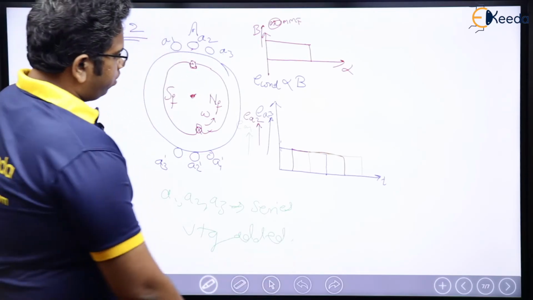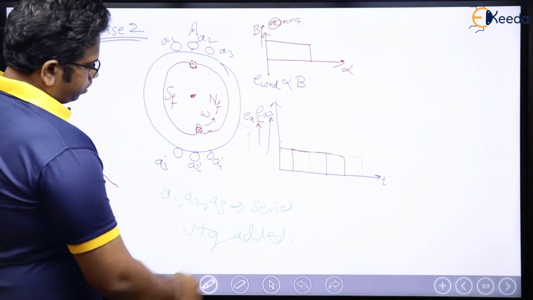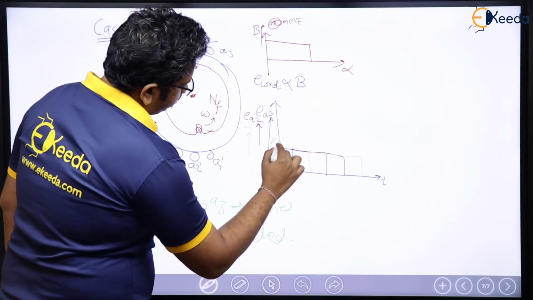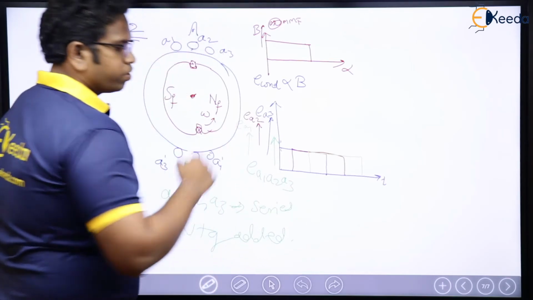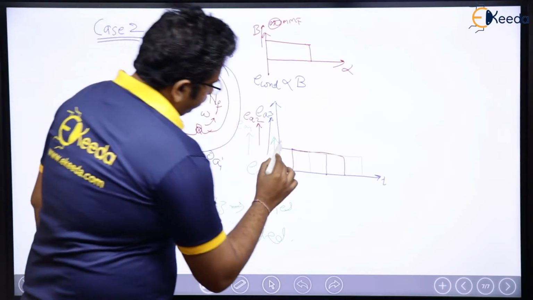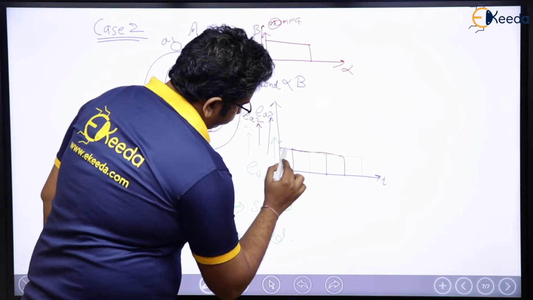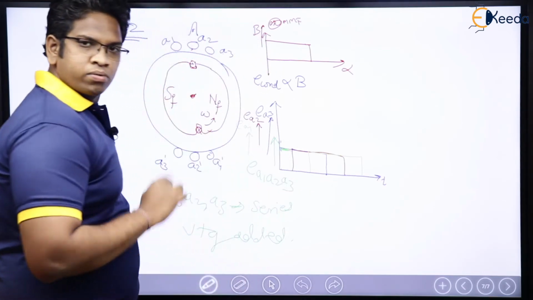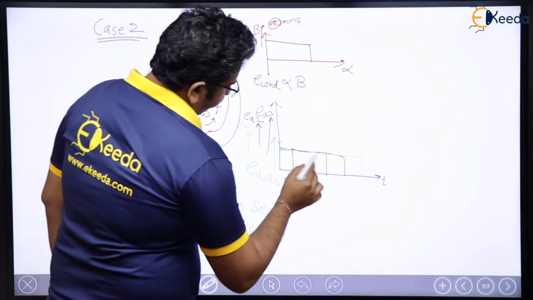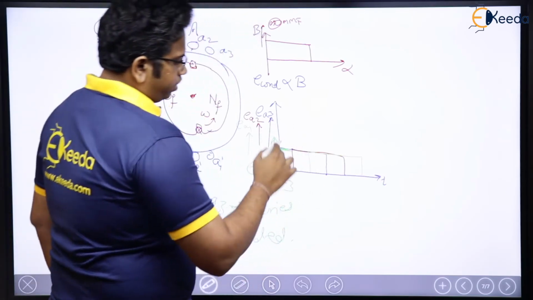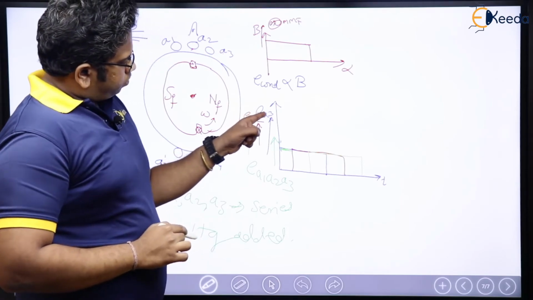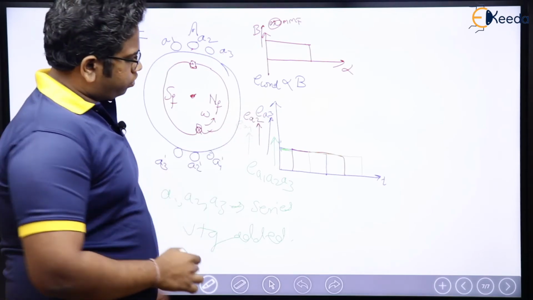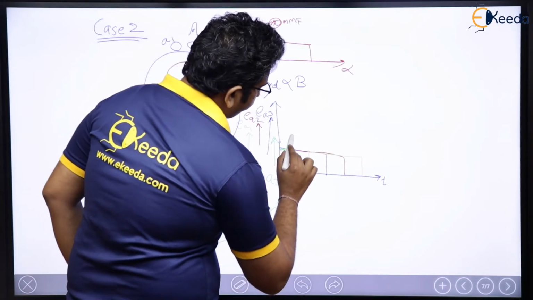Now see here. What will happen here? The moment voltage is getting added, let me draw this as A1, A2 and A3. See, in this particular portion, blue is there, right? In this particular portion, you have blue plus red. In this portion, you have EA3 and EA2 both, so this is going to be added.